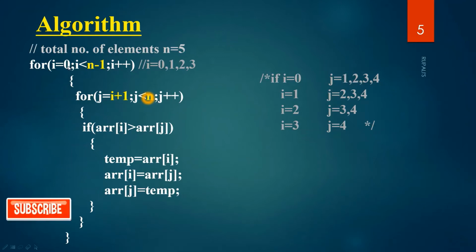When i equals 1, j starts from 2, i plus 1, up to less than n, so 2, 3, 4. When i equals 2, j starts from 3, so 3 and 4. And when i equals 3, j equals 4.